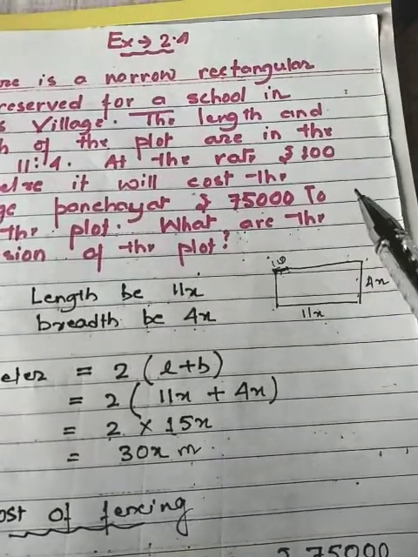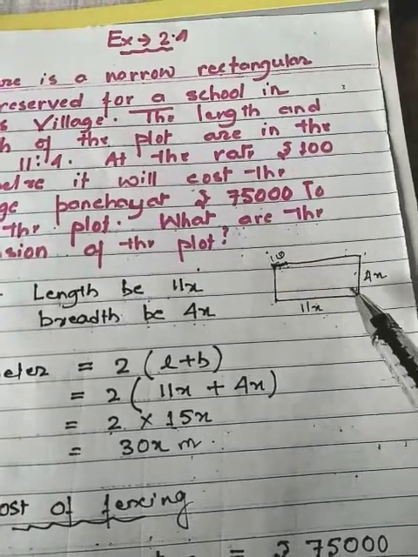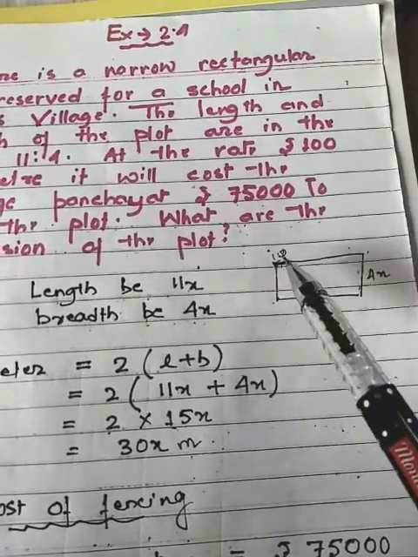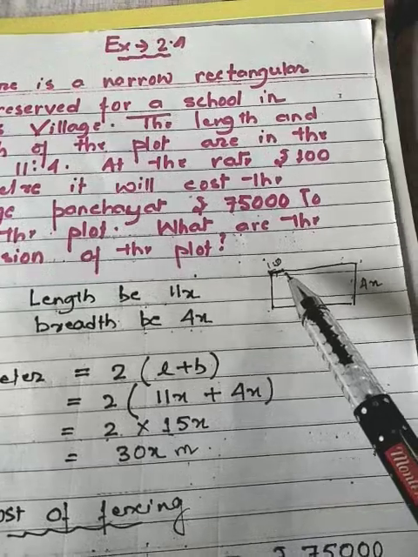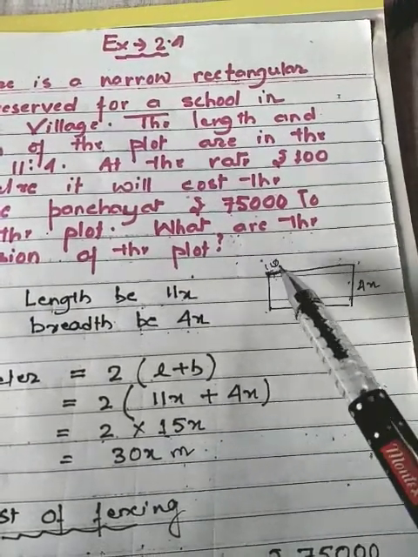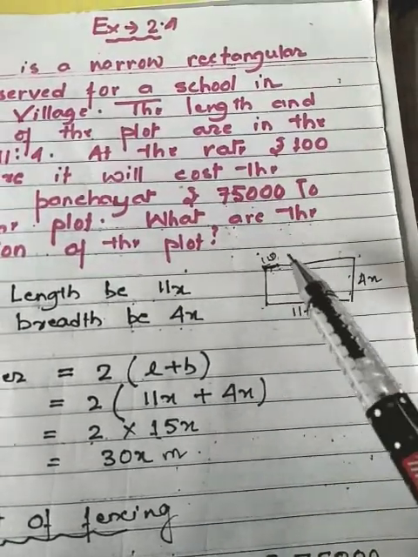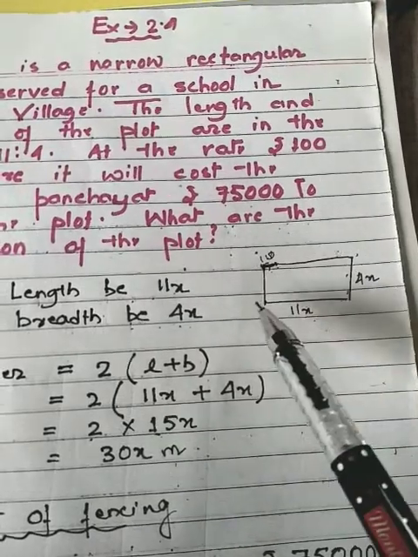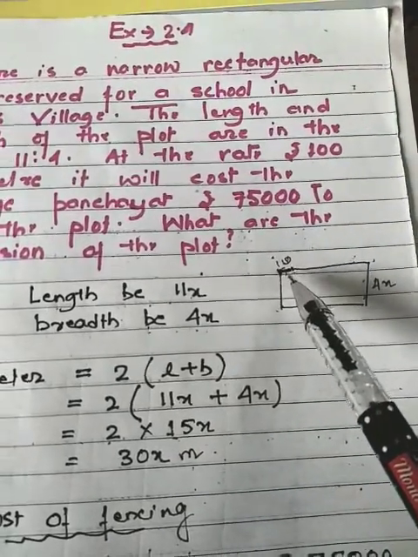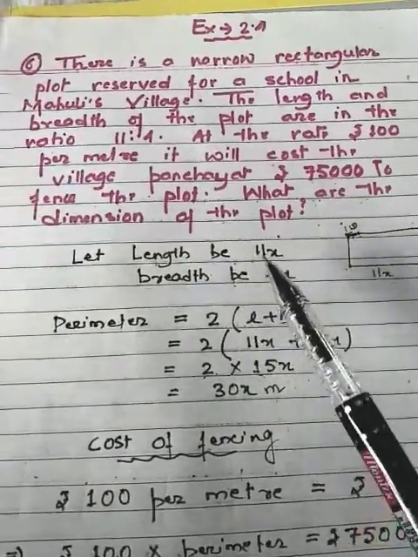We have learned perimeter is the sum of all sides, and sum of all sides means the total length of the figure, isn't it? So if for 1 meter the cost is 100 rupees, for the total length the cost is 75,000. Fine. Now we have to get the total length of this rectangular plot. For that we have to find out the perimeter. So let's find out the perimeter first.